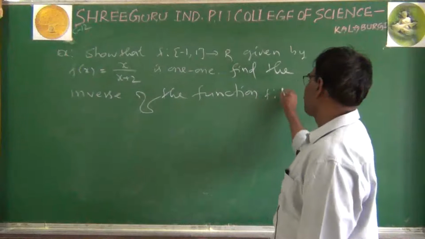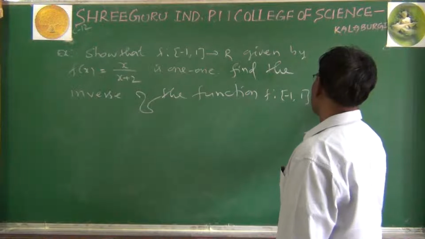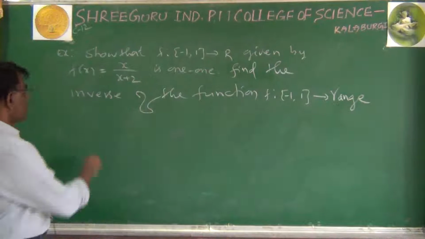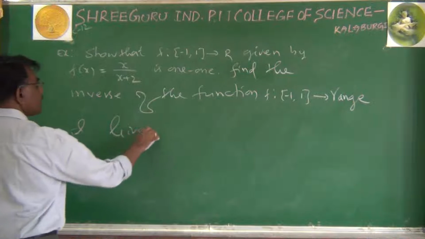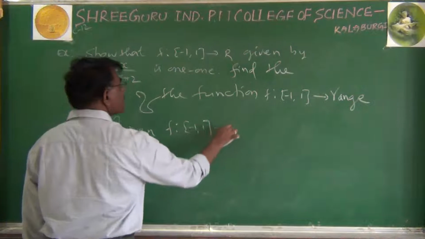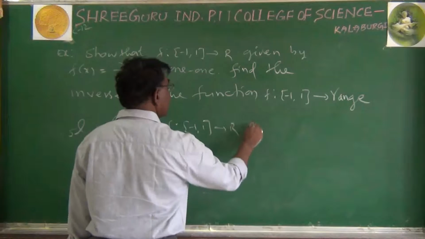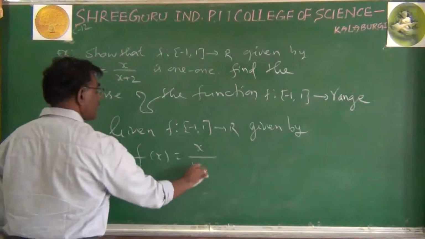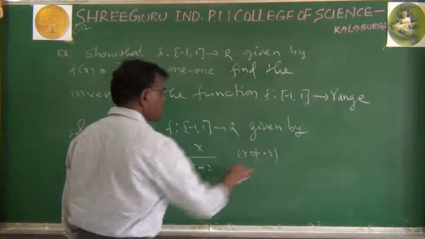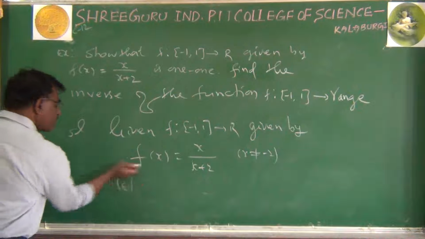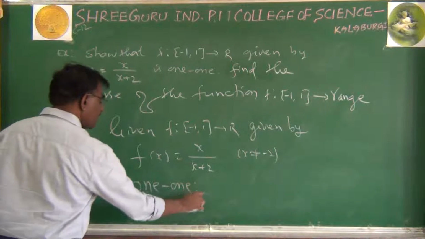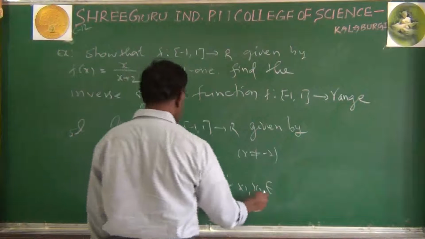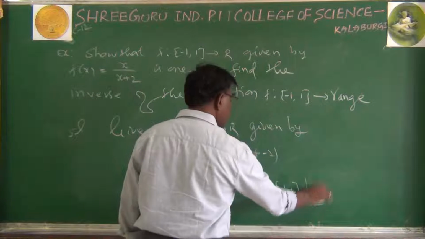Solution. Now what is given? F from minus 1 to plus 1 tends to R, given by f of x equal to x divided by x plus 2, where x is not equal to minus 2.